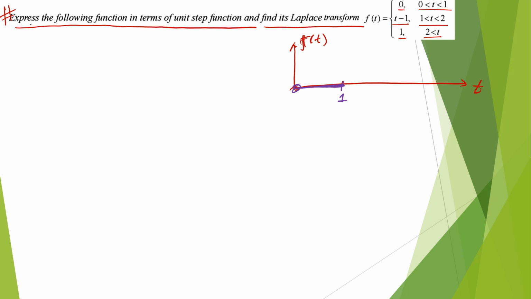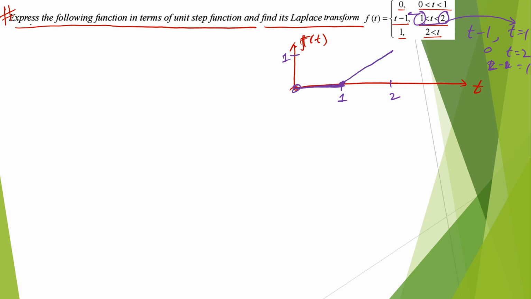Now over here, if we substitute t equal to 1 in t minus 1, taking the lower value, we get 0. And when we substitute t equal to 2, we get 2 minus 1, that is 1. For the lower value we get 0, for the upper value we get 1. So over 1 to 2, at point 2 the value of the function is 1.